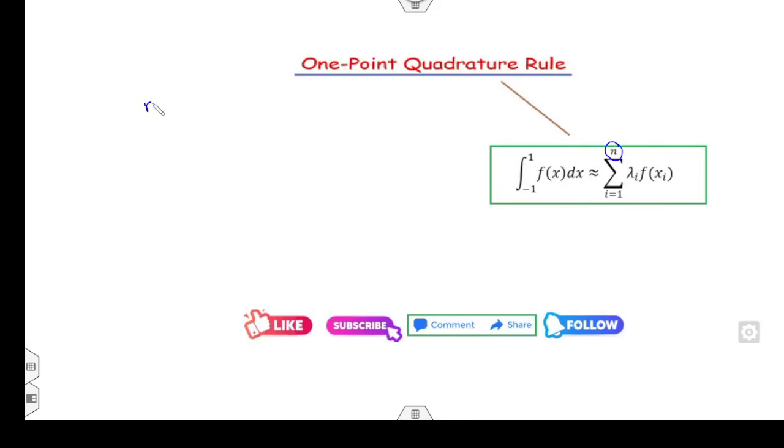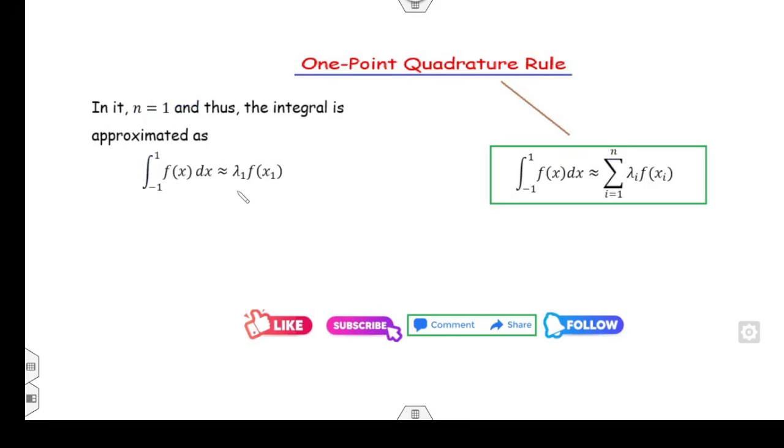By taking n is equal to 1, the equation becomes the integral from minus 1 to 1 of f(x) dx. If you take n is 1, then the expression becomes lambda 1 f of x1. So what is your target?